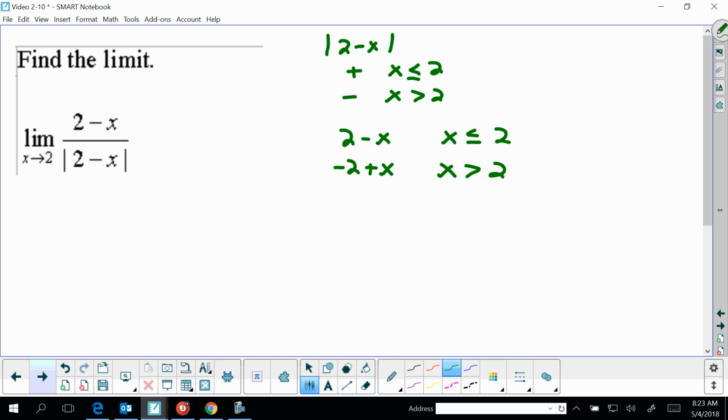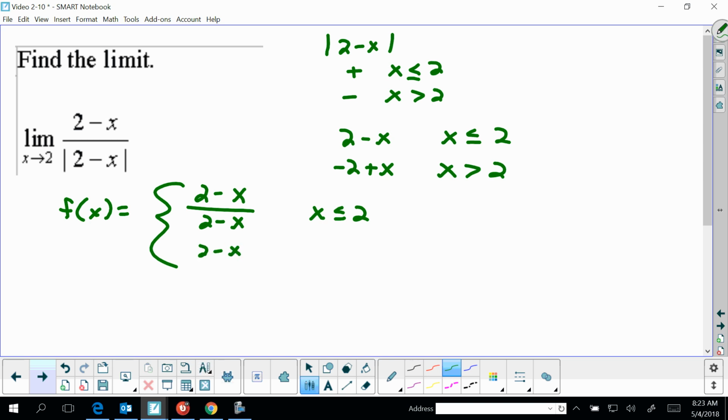This function we're working with, we'll call it f of x, is equal to 2 minus x over 2 minus x when x is less than or equal to 2. And it's going to be 2 minus x over minus 2 plus x when x is greater than 2.